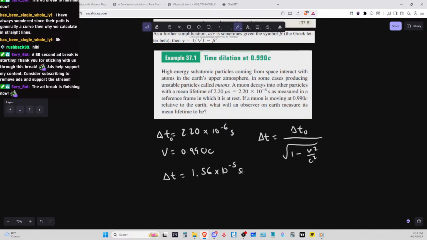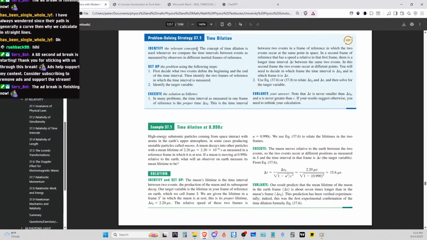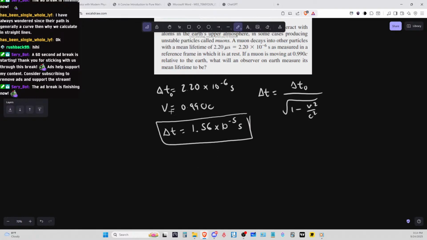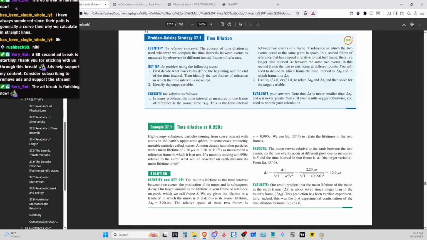I mean, it's a very minuscule change, but it's not 0. What will the observer on Earth measure its mean lifetime to be? Yeah, that's what we got, because they did it in microseconds. So yeah, pretty much simple. That was a simple one.